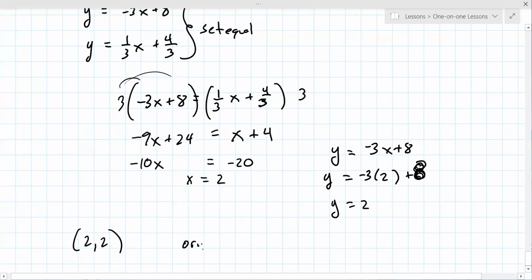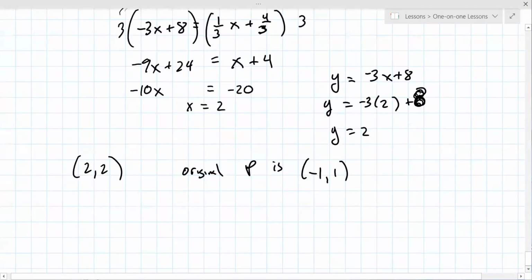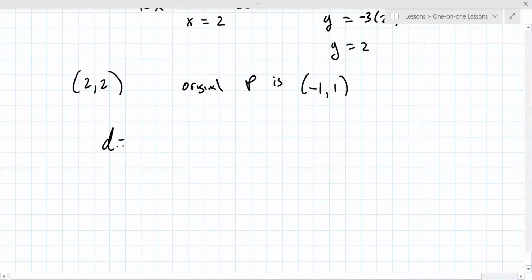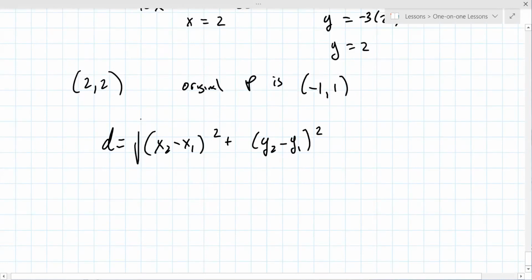The original point is negative 1, 1, and you just have to find the distance between them. So the distance is, I'll write the formula again, x2 minus x1 squared plus y2 minus y1 squared, square rooted.